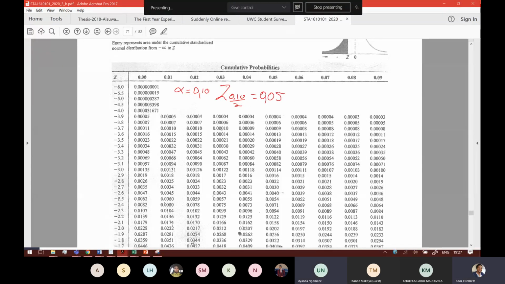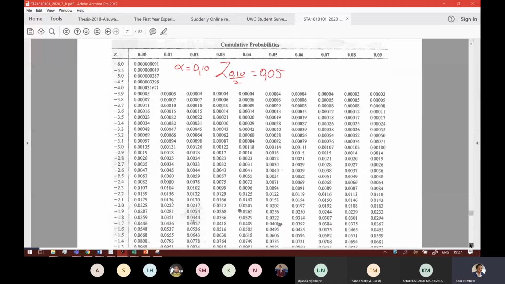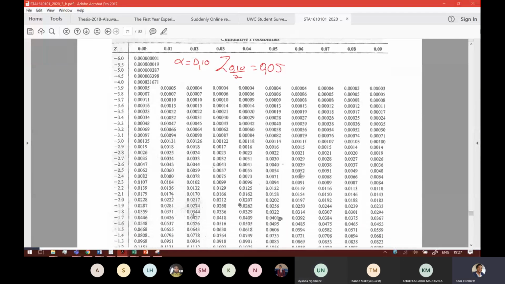So if I come to the table here, inside the table, I'm looking for a value that is 0.05. I have 0.052, I have 0.051, and I have 0.54.